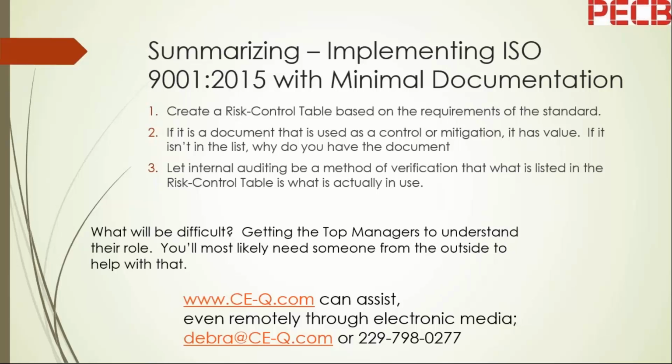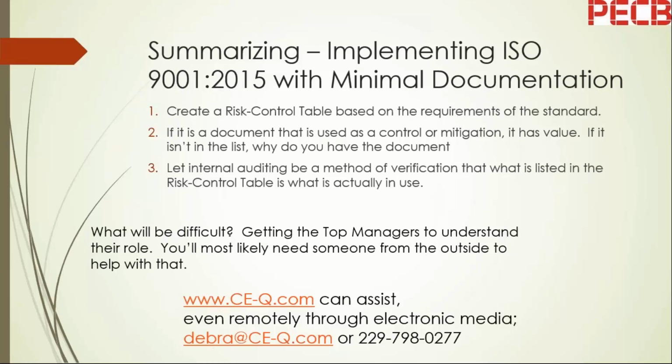In summary, when implementing ISO 9001 2015 with minimal documentation, create a risk control table based on the requirements of the standard, and address each requirement as a risk. If you use a document to control or to mitigate the risk, the document has value.